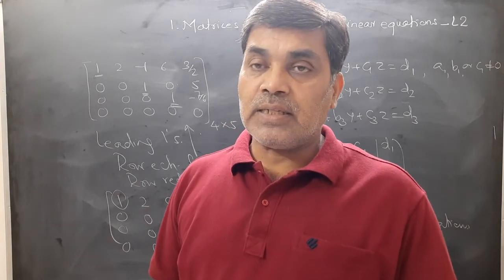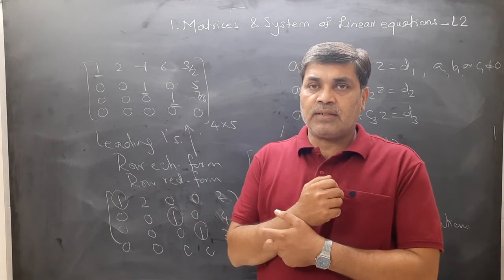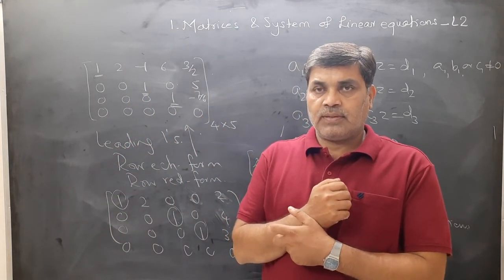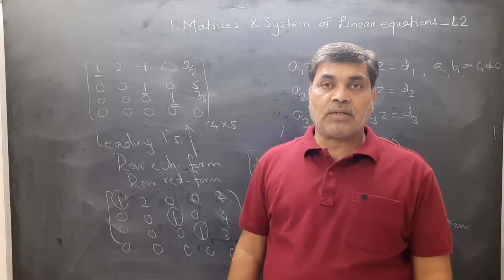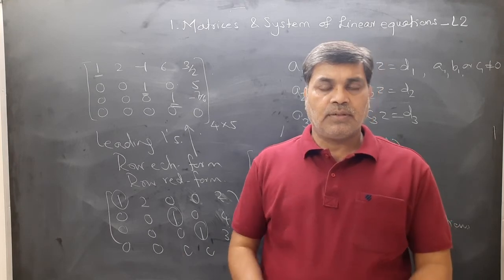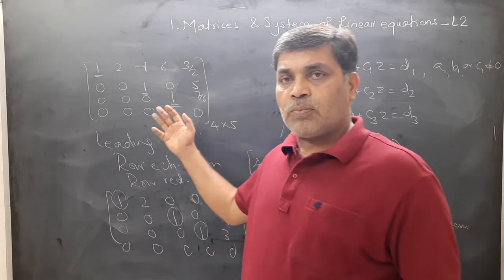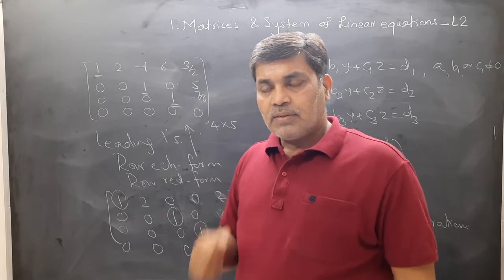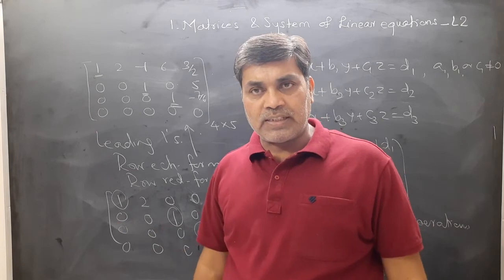This rank plays a very important role while solving a system of linear equations with the help of the Gauss elimination and Gauss-Jordan elimination methods. The Gauss elimination method depends on the row echelon form of the matrix, while the Gauss-Jordan elimination method depends on the row reduced echelon form of the matrix.